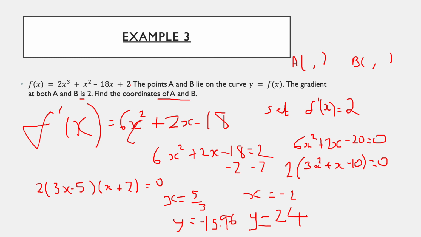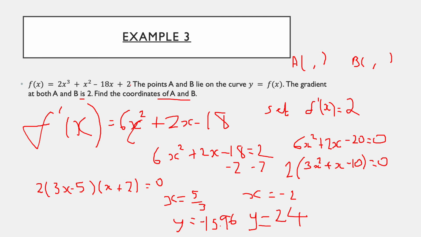I think I might have made a mistake on the substitution, guys. But essentially what I did was sub in 5/3 into there and then sub in x equals minus 2 into there. For minus 2, I think the answer is correct, because minus 2 cubed is negative 8 times 2 is minus 16. Minus 16 plus 4, because minus 2 squared is 4, is minus 12.